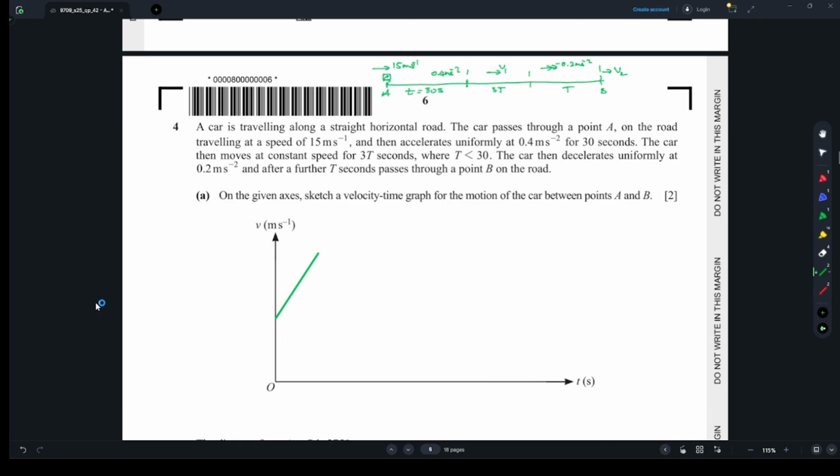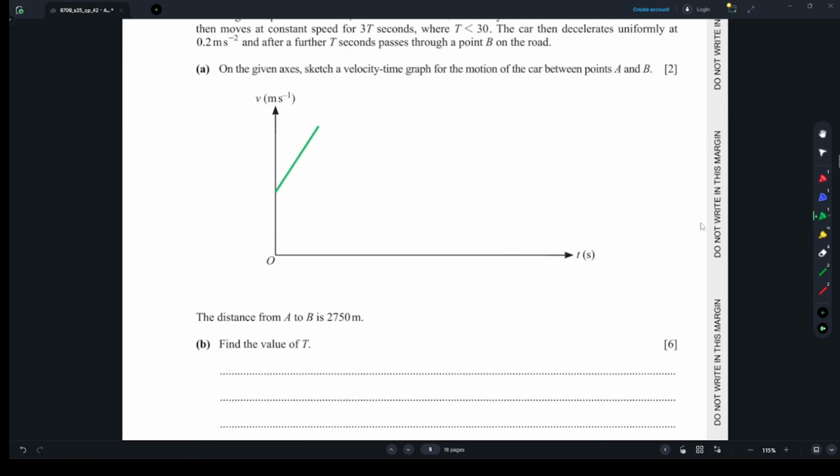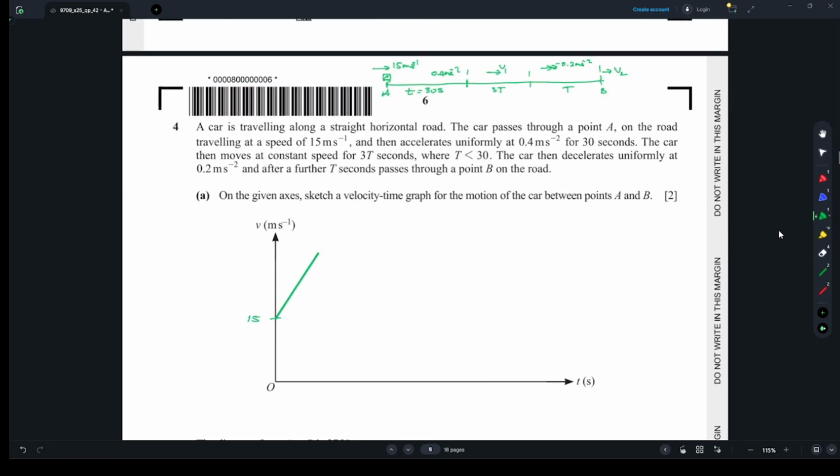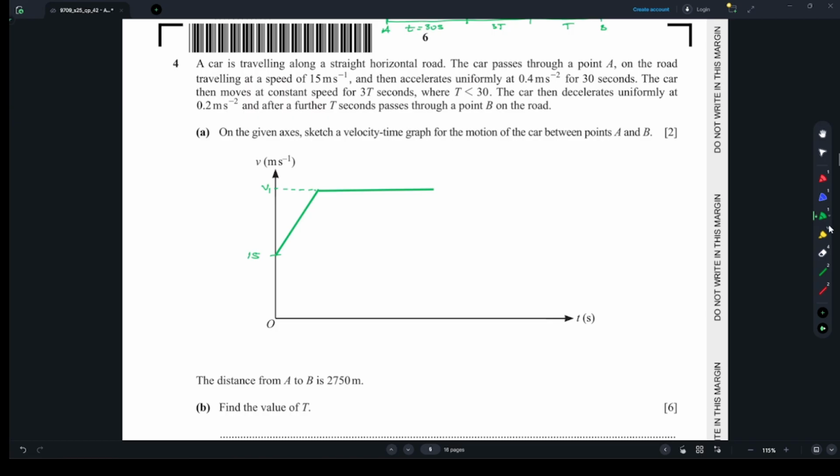So the initial velocity here is 15, and then for 30 seconds it moves with a constant velocity. Constant velocity means a horizontal line like this. We don't know that velocity value, so let's take v1.